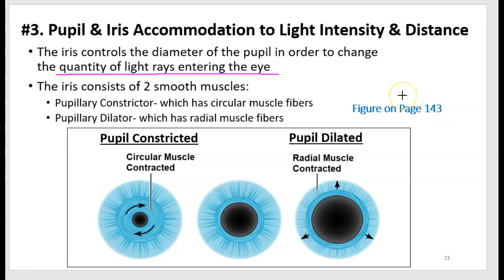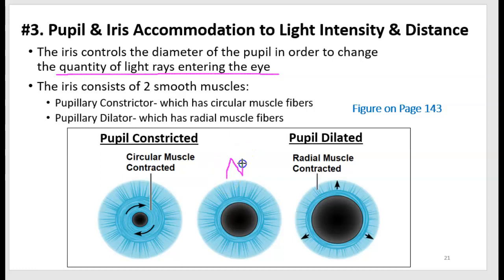Now, if you're in bright light, you typically limit the amount of light rays that enter the eye. That's the adjustment. If you're in dark environments, then you need to maximize how many light rays the eye can capture, and so the pupil will dilate. So let's look at how the iris can cause both constriction of the pupil and dilation of the pupil.